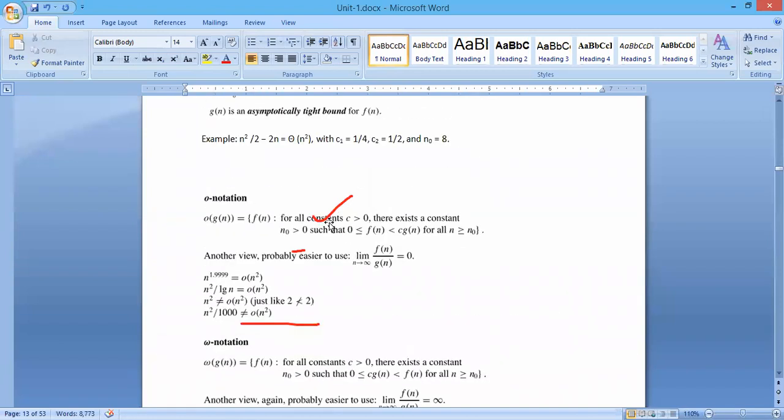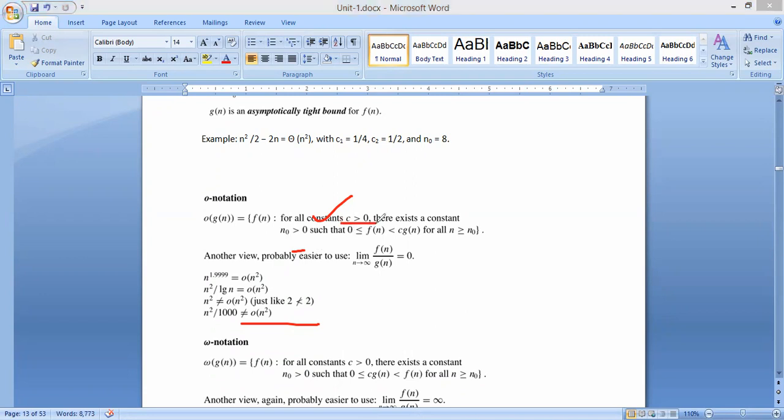All right. So again, we have some logic here we need to implement. You all can. Here C greater than 0, and there is a constant n naught greater than 0. We have a function 0 of f(n) greater than this. This is the previous condition. Now we can also implement a limit.